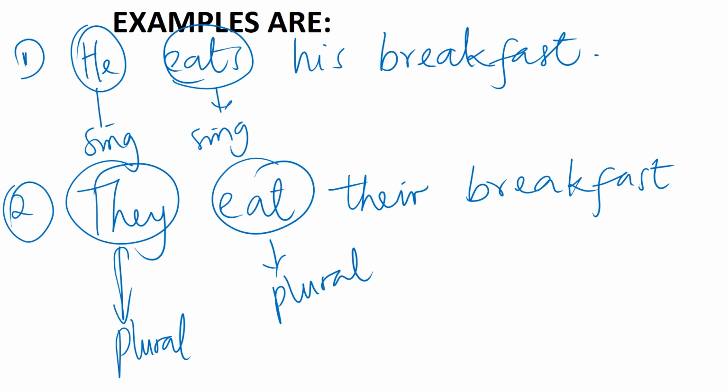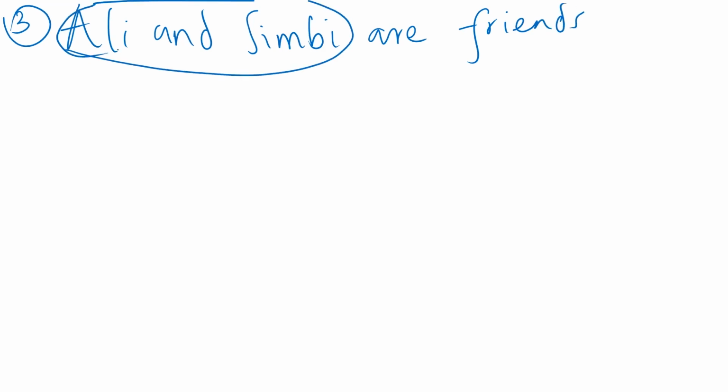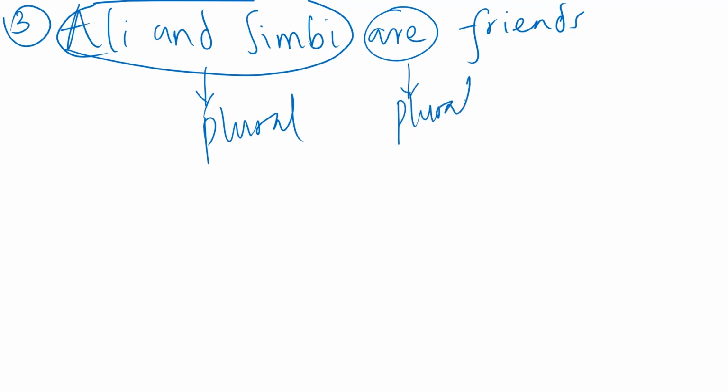Let us look at other examples. Example 3: Ali and Simbi are friends. Ali and Simbi, they are more than one, so they take the plural. Ali and Simbi here is plural, and the verb here is also plural. Can I have another example from anybody?